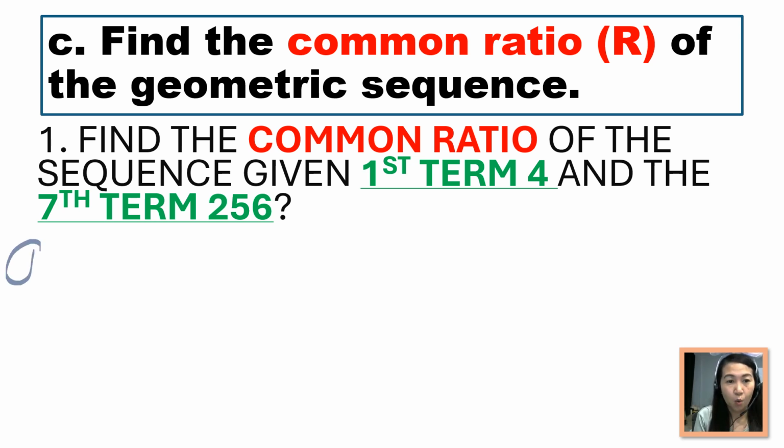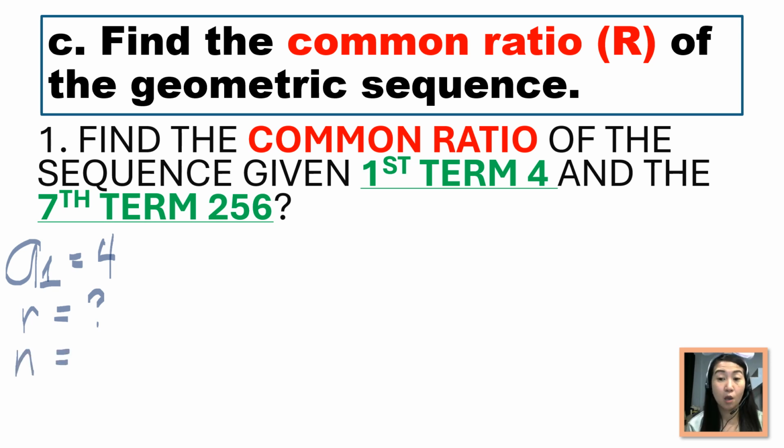What is the value of our first term? Our first term here says 4. And what is the value of our r? r is the common ratio, so this is the unknown. What is the value of our n? It tells us the number of terms that we are talking about.